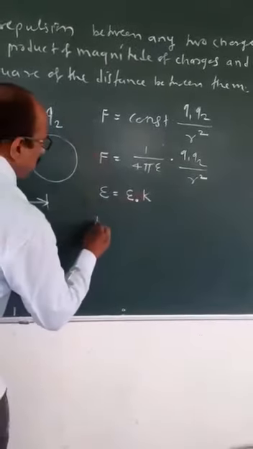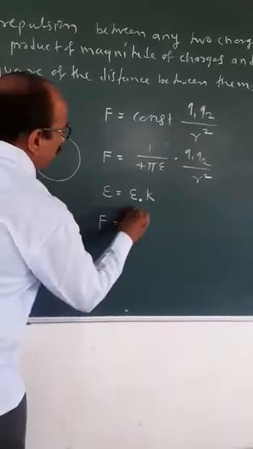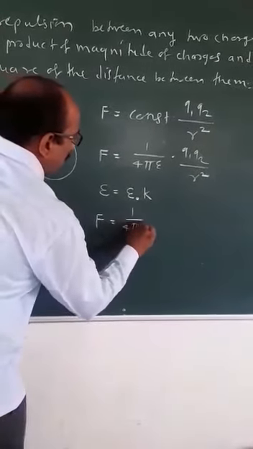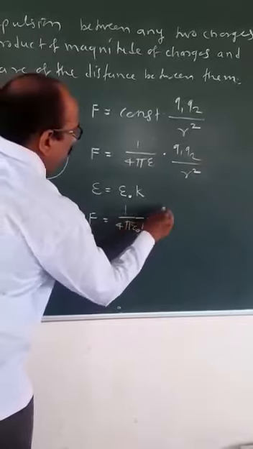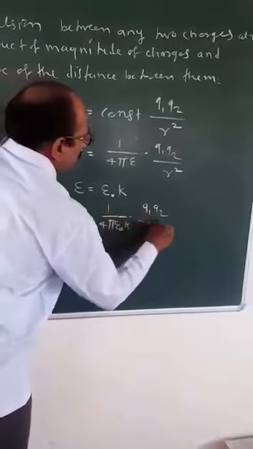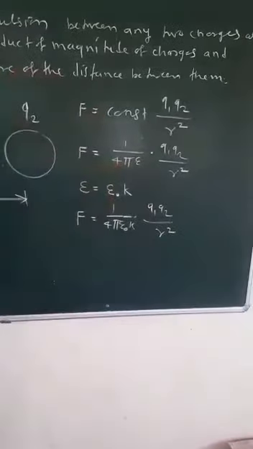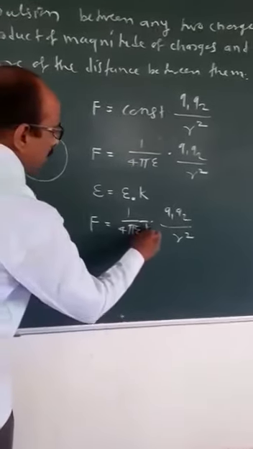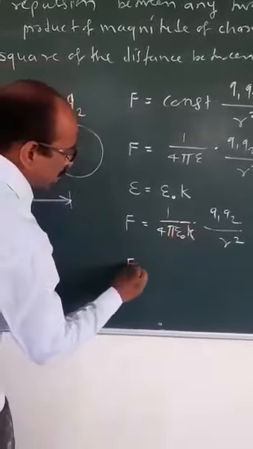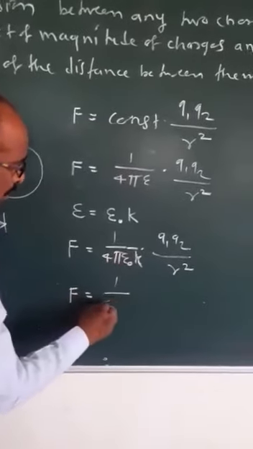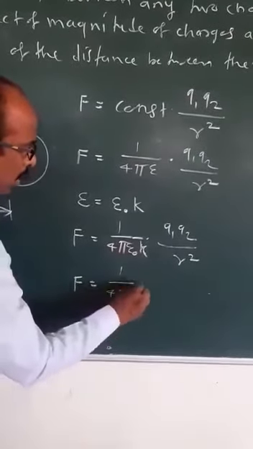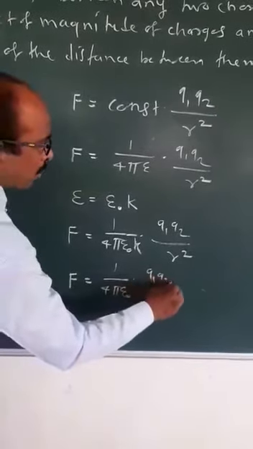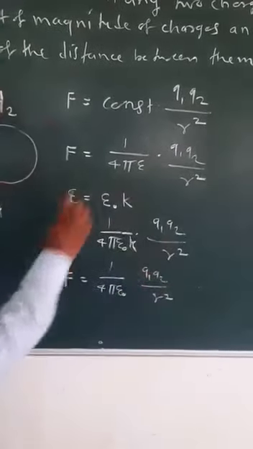Then the above equation becomes F is equal to 1 upon 4 pi epsilon naught k Q1 Q2 divided by r square. For air or vacuum, the value of k is 1. Then this equation becomes F is equal to 1 upon 4 pi epsilon naught Q1 Q2 divided by r square.